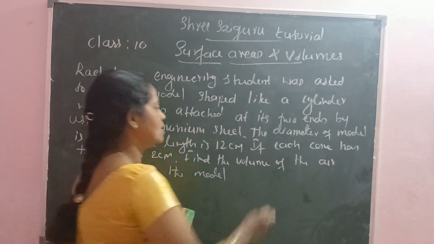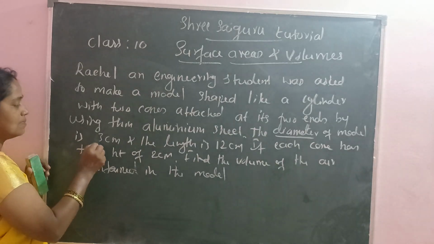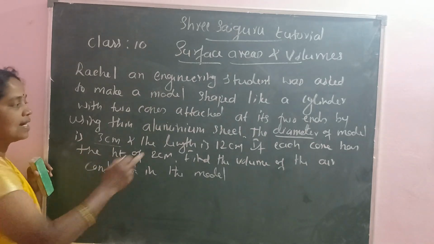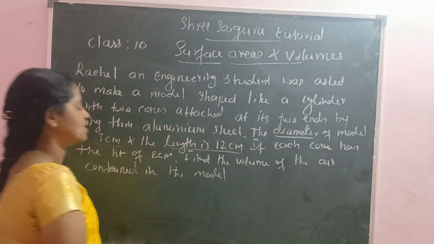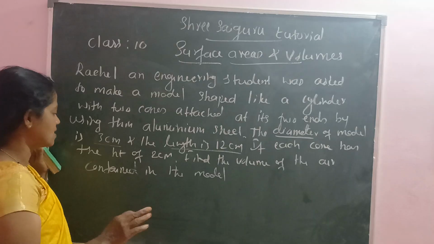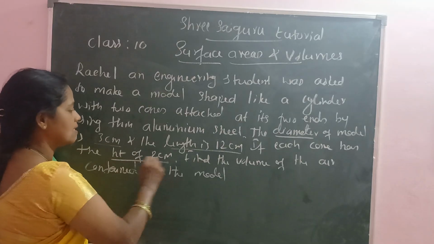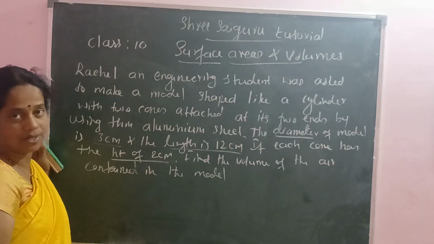The diameter of the model is 3 centimeter and the length is 12 centimeter. I am underlining what is given here. And if each cone has a height of 2 centimeter, find the volume of the air contained in the model.